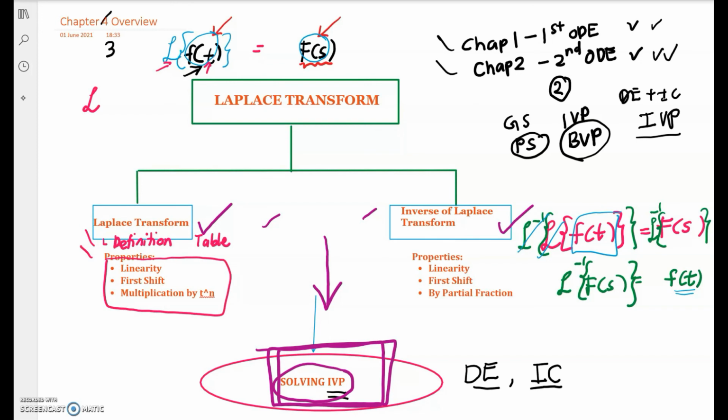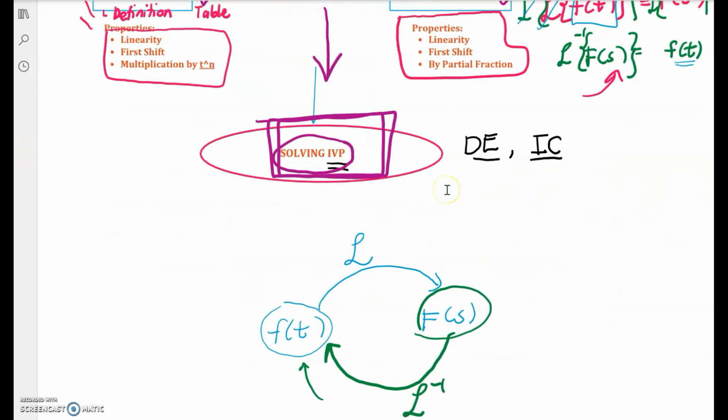We then move to the inverse Laplace transform, where we will also learn about the properties. The definition we already discussed in general, just to give you the basic idea of the Laplace transform and the inverse of the Laplace transform.